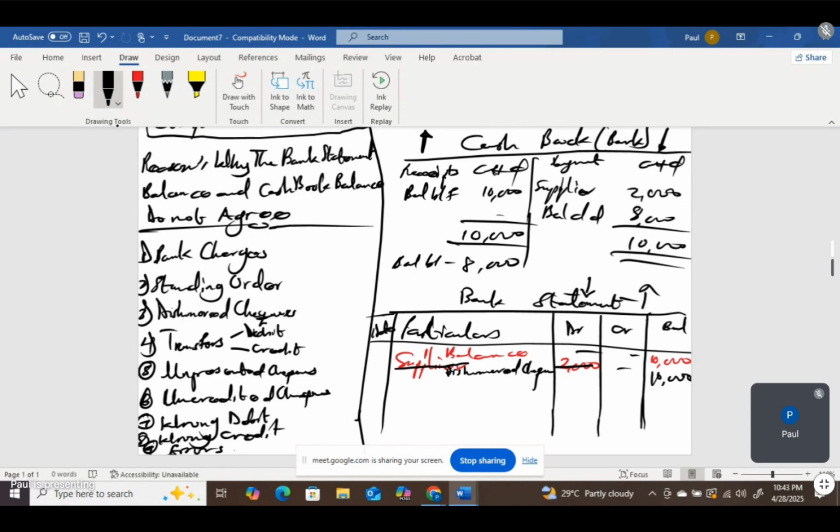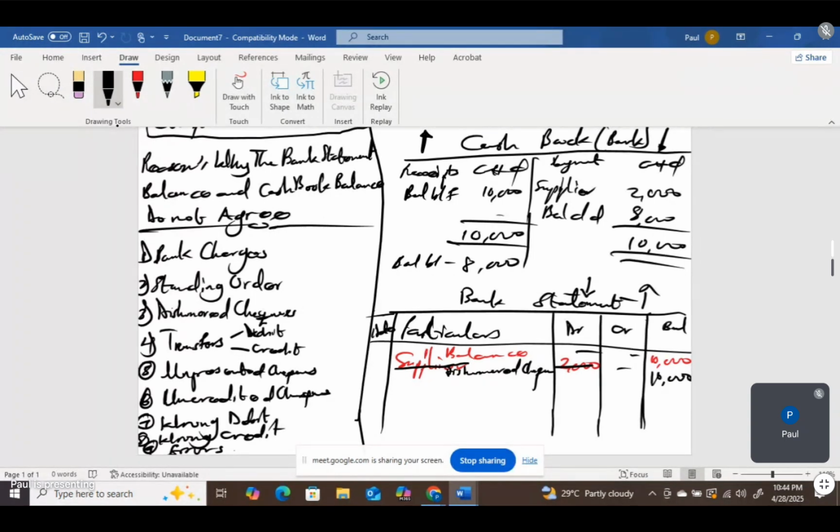So I'm taking it over again. Unpresented checks are checks that the current account holder writes to suppliers for them to present to the bank. Now, when the suppliers present it to the bank, the bank will debit the account, and that will reduce the account balance.